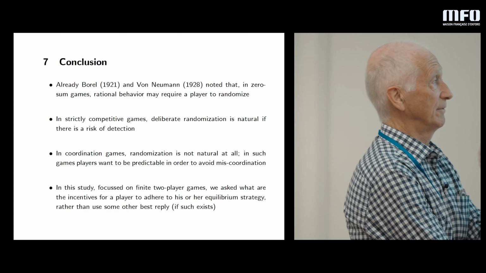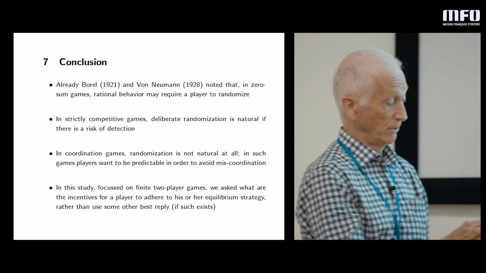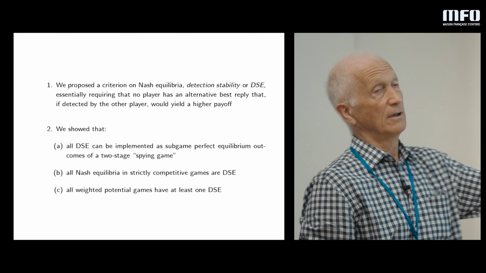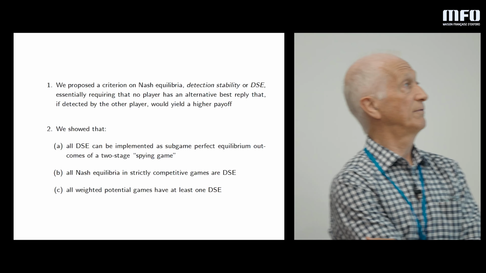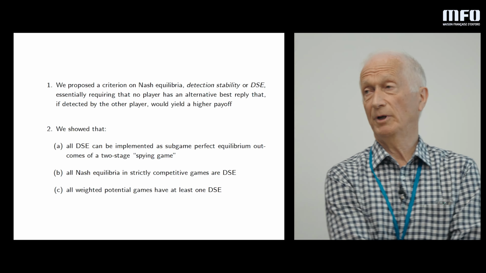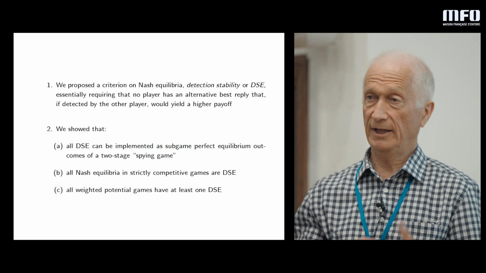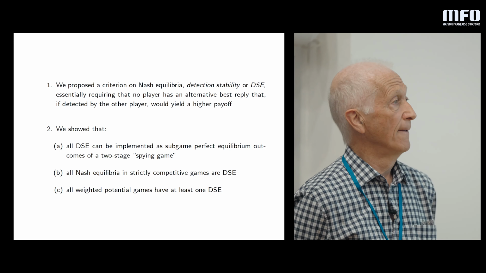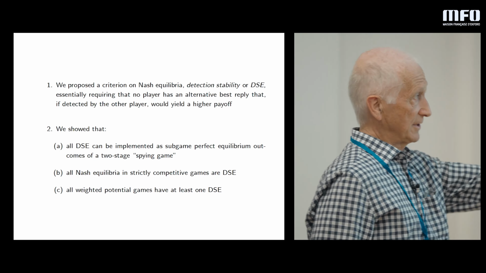And then we asked, what are the incentives? And we focused on the case of possible detection of your strategy, and defined the concept for that. And we show these things that you just saw. We can think of it as a subgame perfect equilibrium in a spying scenario where you put the game as a part of the bigger game. And we have these results I just mentioned.